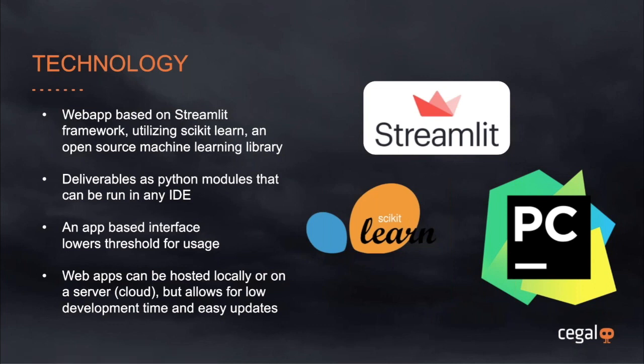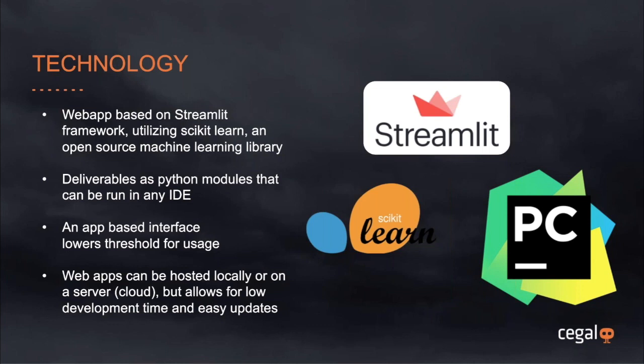So we used Streamlit to build the actual app, and we then used scikit-learn as our machine learning library that we built the specific Python modules on. So the deliverables from the project would then be both the app and a set of Python modules that we could run in any IDE, also a notebook environment like the initial idea was, but also as the motor for this web app.